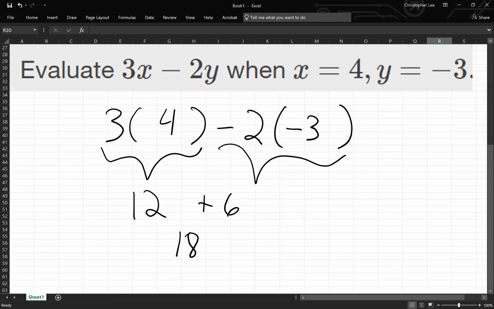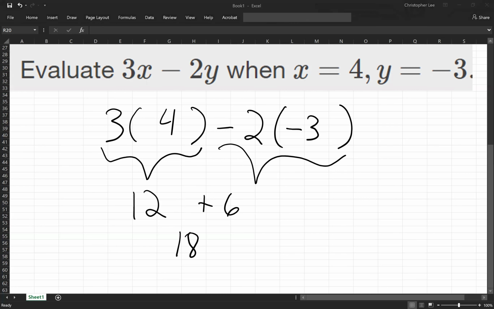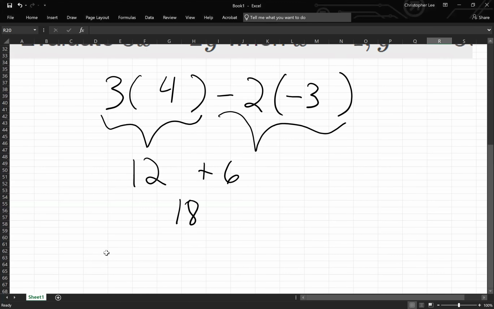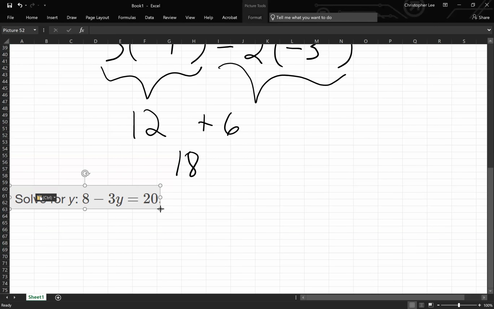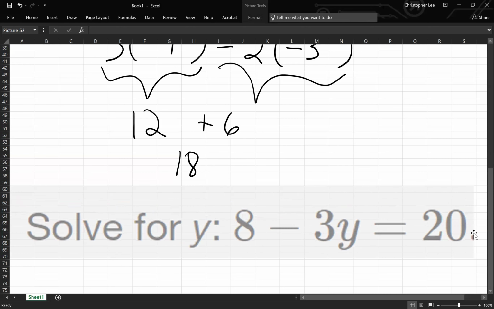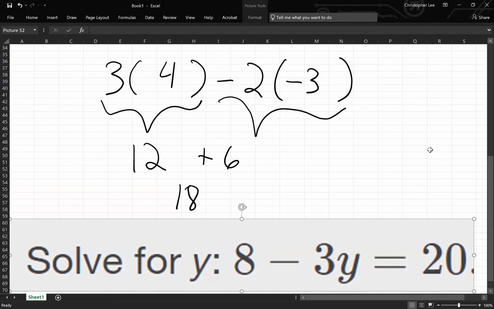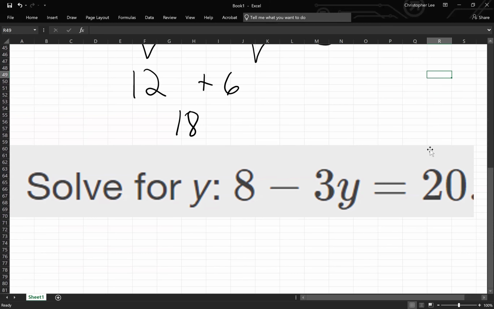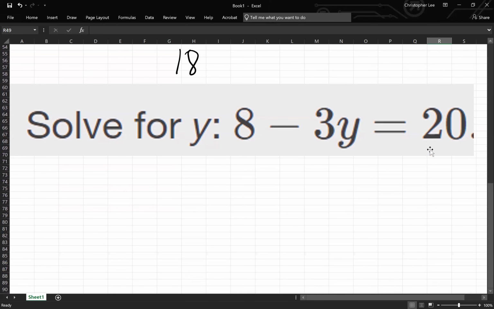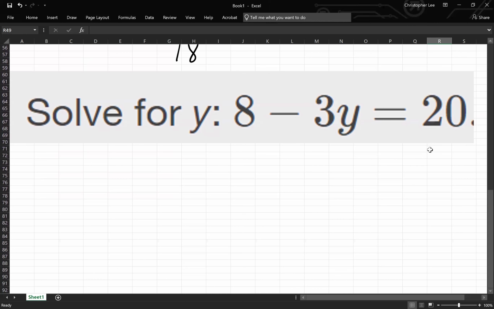All right. Let's try another one. So in this question, I want to solve for y. So what's my first step? So am I subtracting 8 from 8 or 20 from 20?